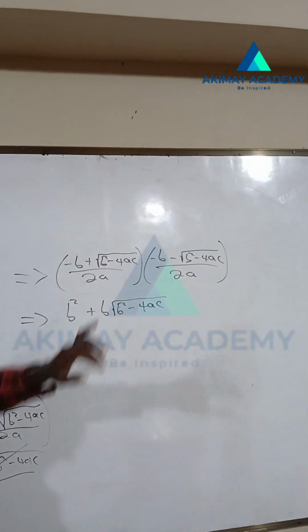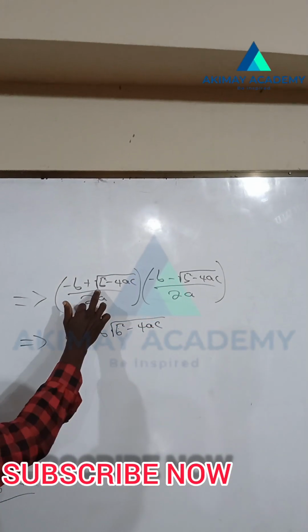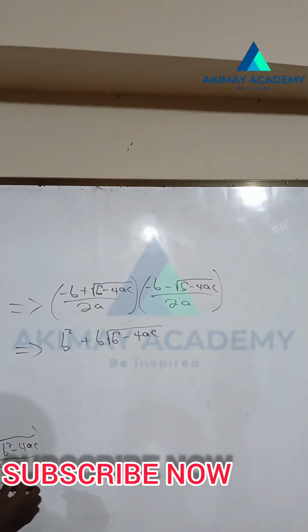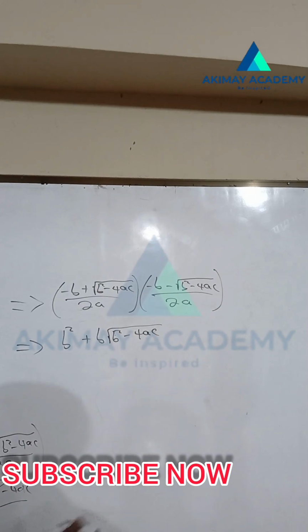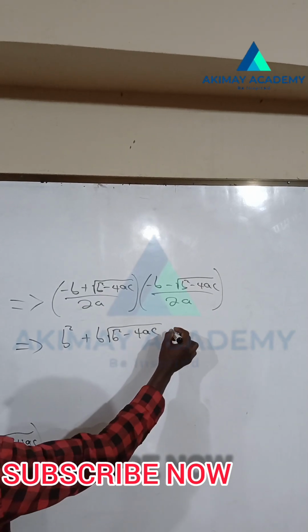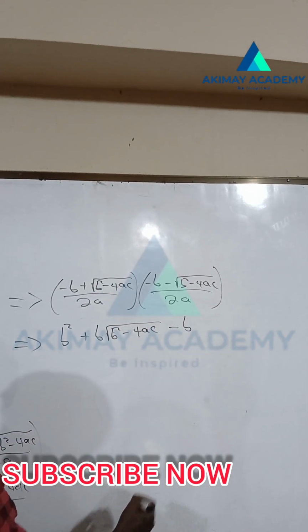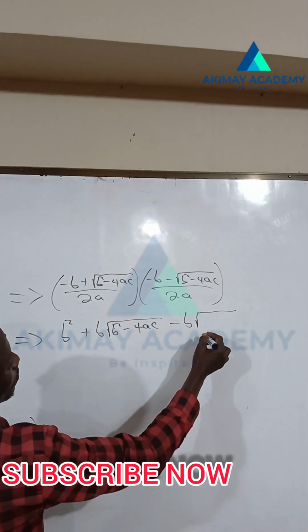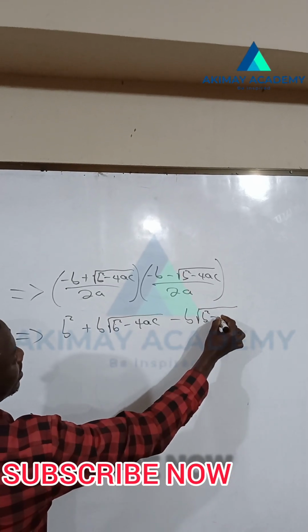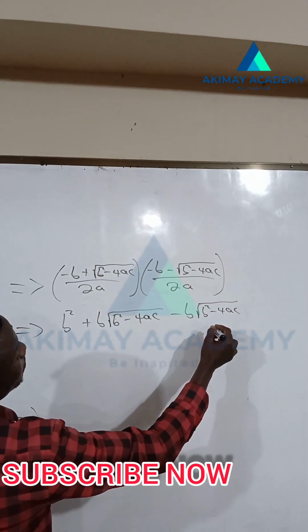Let's come to the square root. Square root of b squared minus 4ac times minus b. So over here we are going to have minus b square root of b squared minus 4ac. Okay.